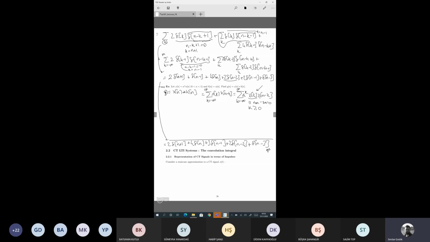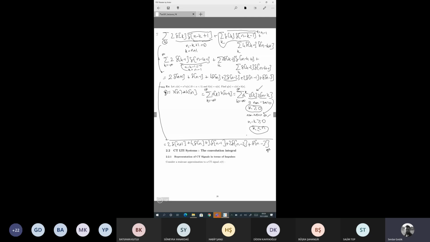What about the second term? The second term is non-zero for n minus k larger than or equal to 0, or in other words, k smaller than or equal to n. So the first term is non-zero for k larger than or equal to 0, and the second term is non-zero for k smaller than or equal to n.